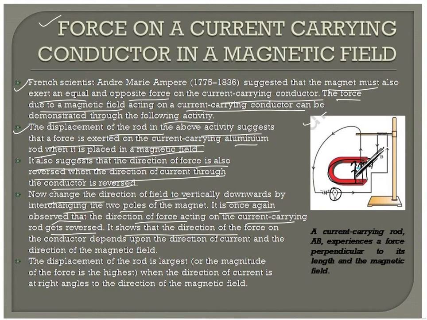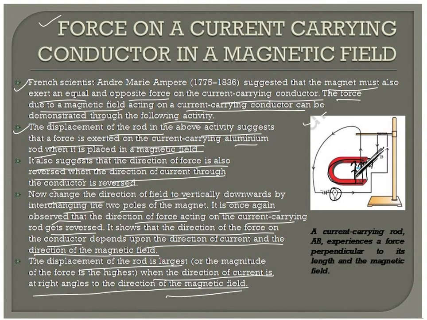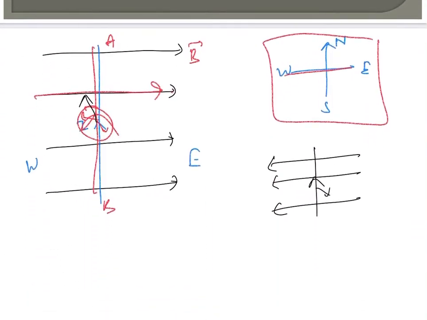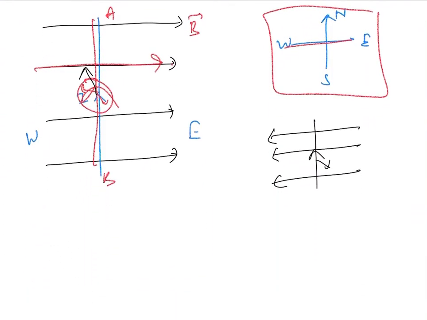It shows that the direction of force on the conductor depends on the direction of current and the direction of the magnetic field. This displacement of the rod is largest when the direction of current is at right angle to the direction of the magnetic field, and that is what I have demonstrated here. Here both are perpendicular to each other, and in this case you will get maximum force.